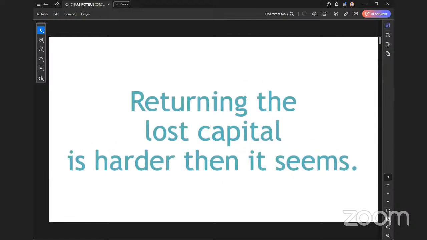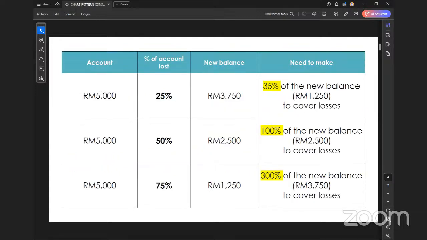But before we go there, returning the lost capital is harder than it seems. For example, look at the first row of 5,000 ringgit trades. When you lose 25%, your new balance is 3,750. To cover that 25% loss, you need to make 33% on the new balance. Now look at the second row.